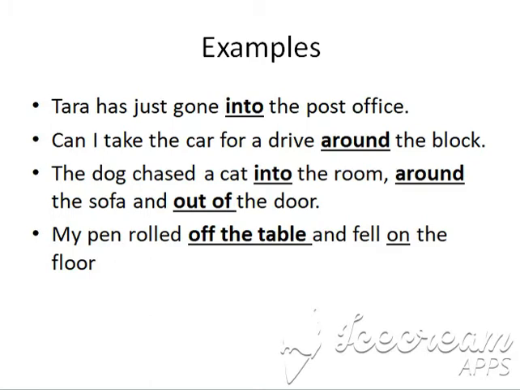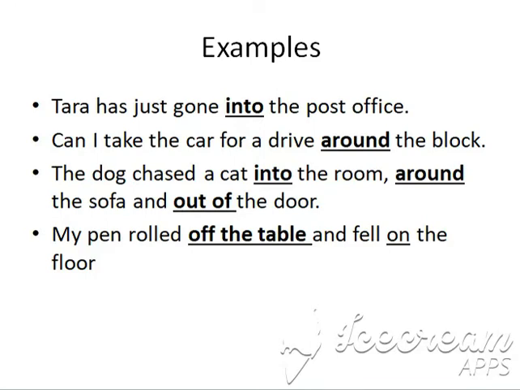The dog chased a cat into the room, around the sofa and out of the door. Here in this sentence there are three prepositions used. Into is the first one, into the room. The next one is around the sofa. The next one is out of the door.